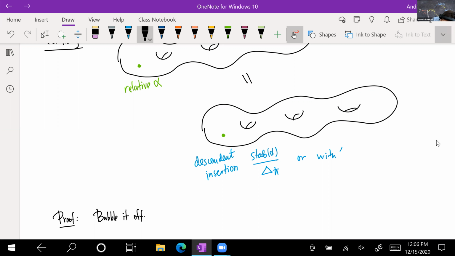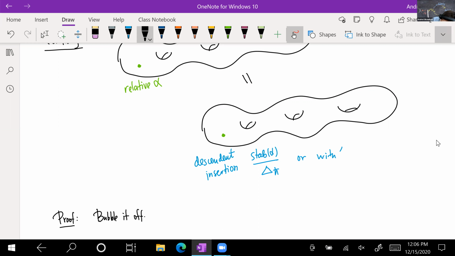I'm not going to draw a general curve anymore. So I had a point, and we put this point at the end.